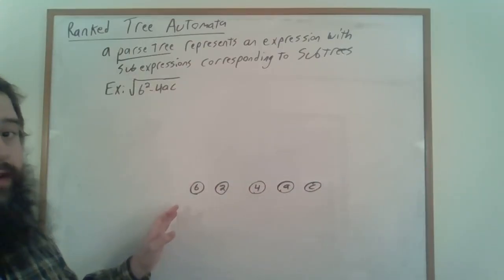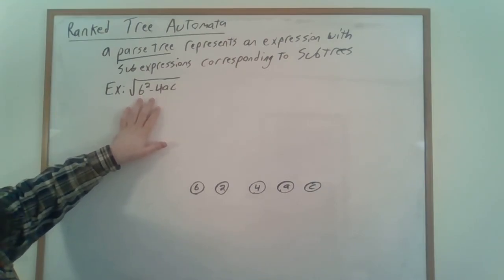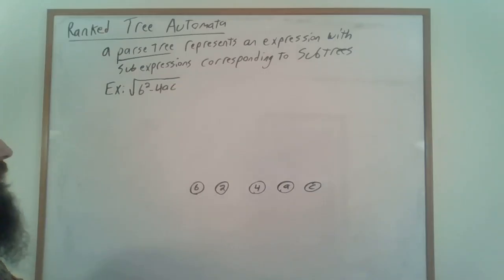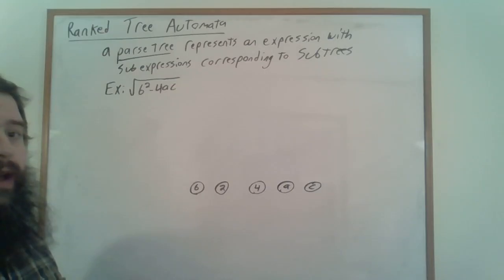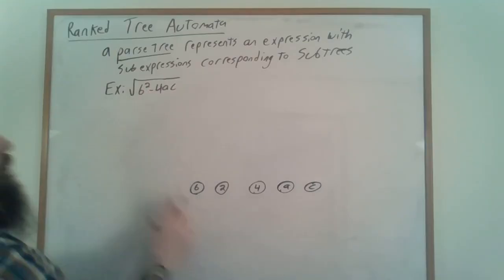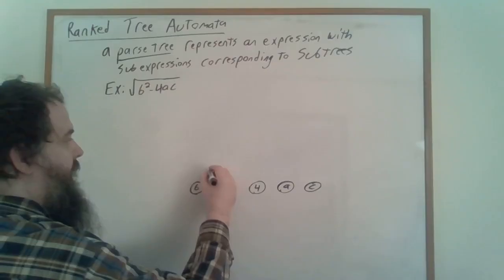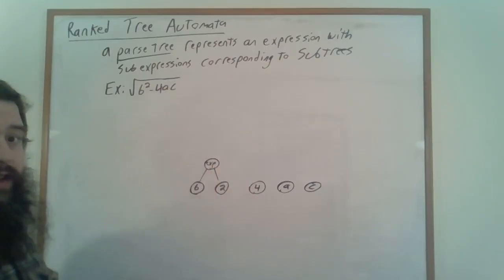The leaves of our tree are going to be the indecomposable sub-expressions, so our variables and our constants. And then we're going to merge these together when we apply operations between them. For instance, when we take b to the power of 2, we're combining these two subtrees via a node representing exponentiation.